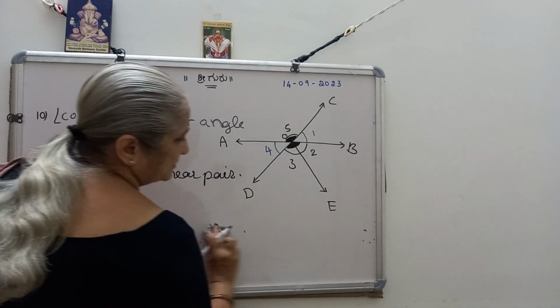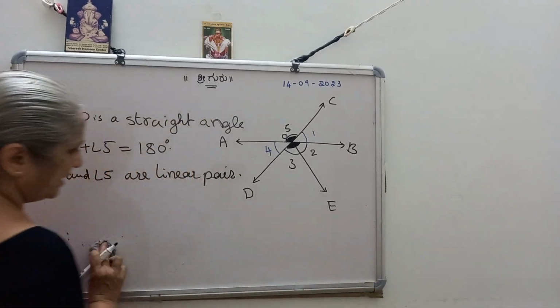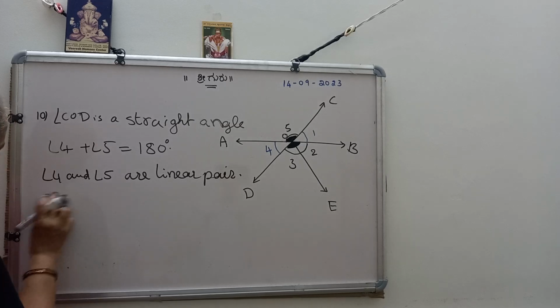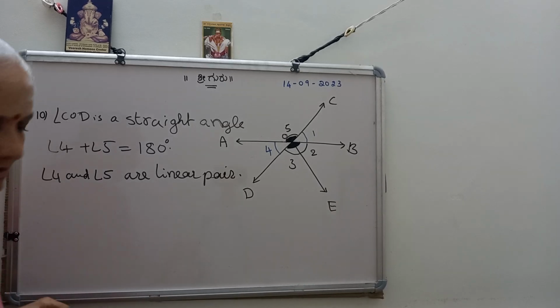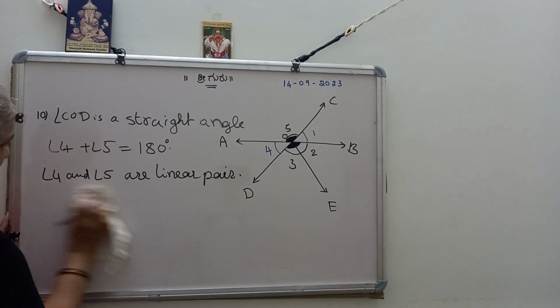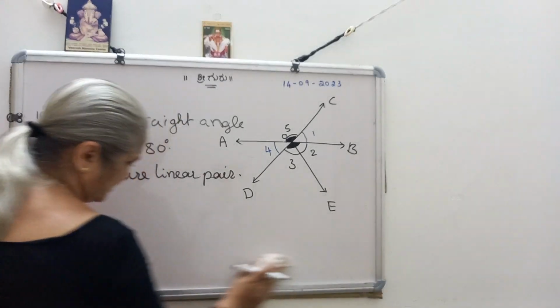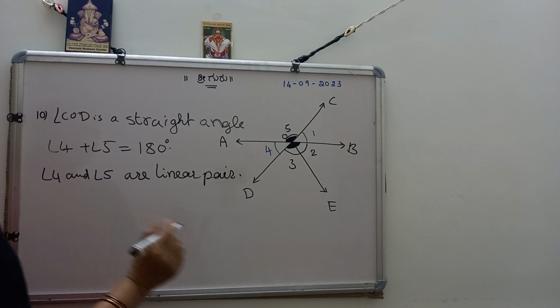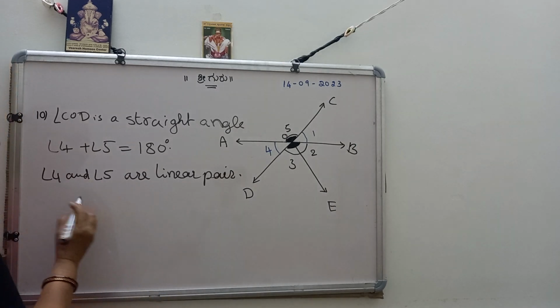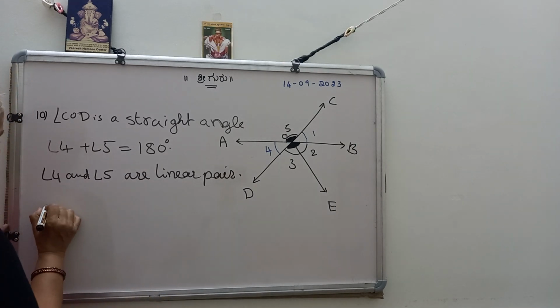And find another pair of linear angles where there is a straight line and adjacent angles. There we find a linear pair of angles.